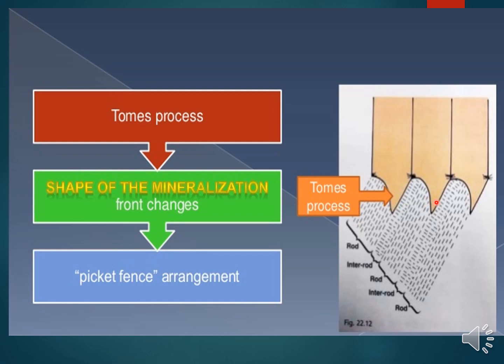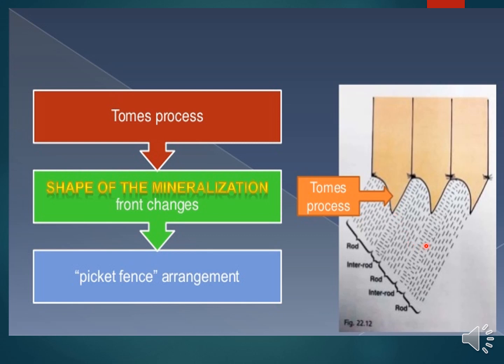These Tomes processes give rise to an appearance called the picket fence appearance, or sometimes the tombstone appearance. We can see how they jut into the forming enamel matrix. As the enamel matrix is laid down, the Tomes processes retreat towards the stellate reticulum area.